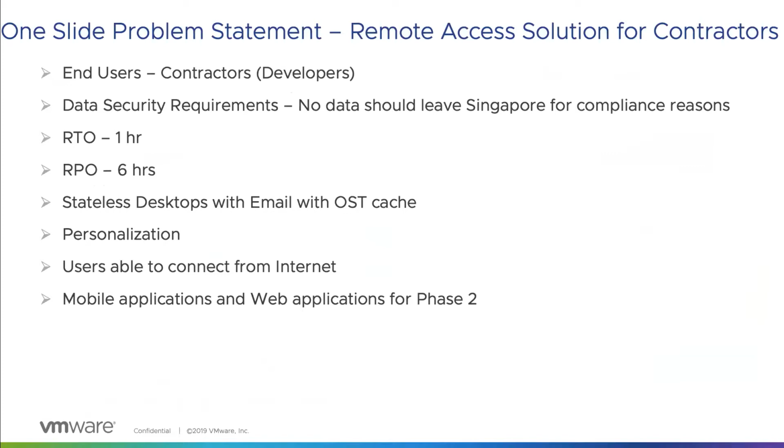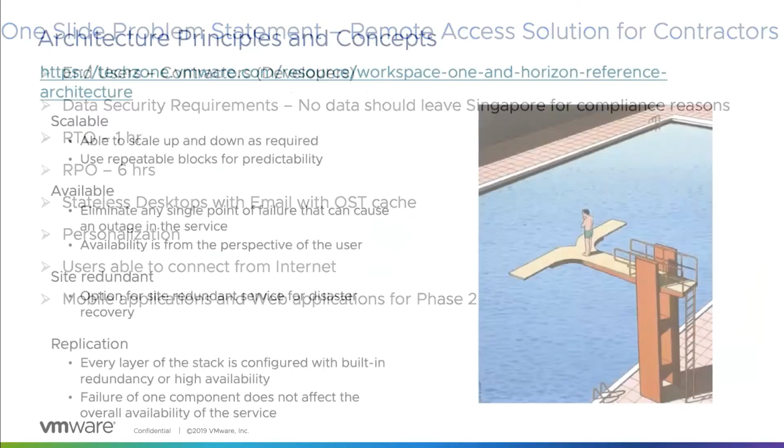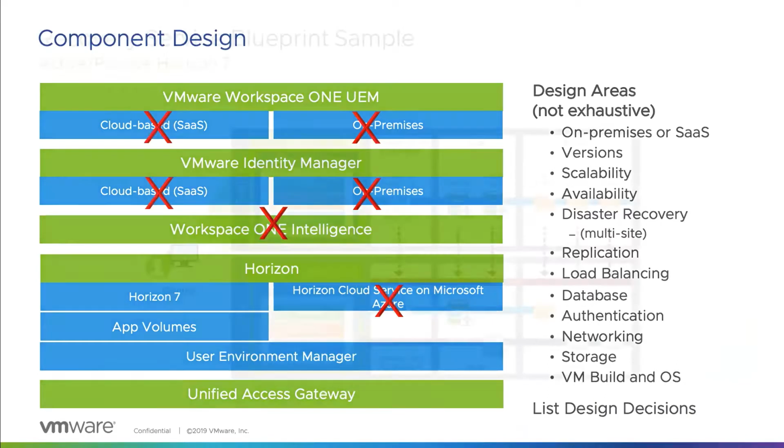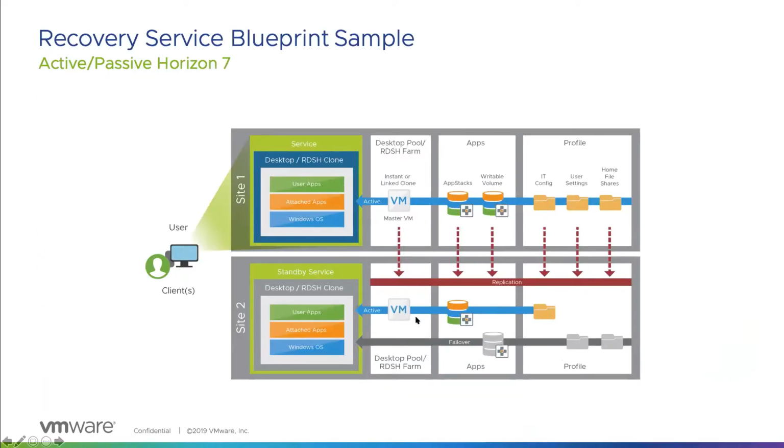If you do not have writable volumes, what ends up happening is that if you use an instant clone, every time a new VM gets booted up, it pulls down 20 GB from Office 365, which is the email in this case. So our writable volume stores that cache, because it's read-write, it stores it here. So that's one of the key use cases for writable volume. The other thing is that we have profiles and user settings. This is the component which actually helps in keeping personalization data, right?